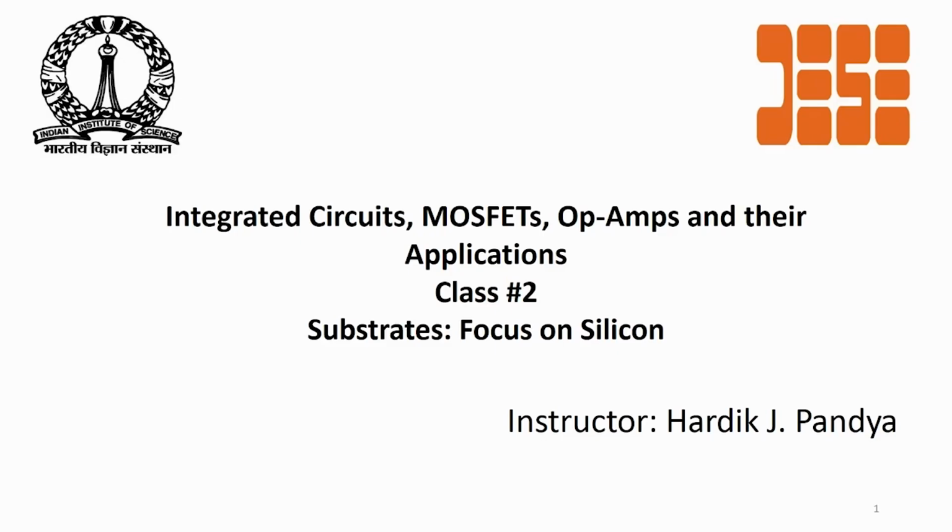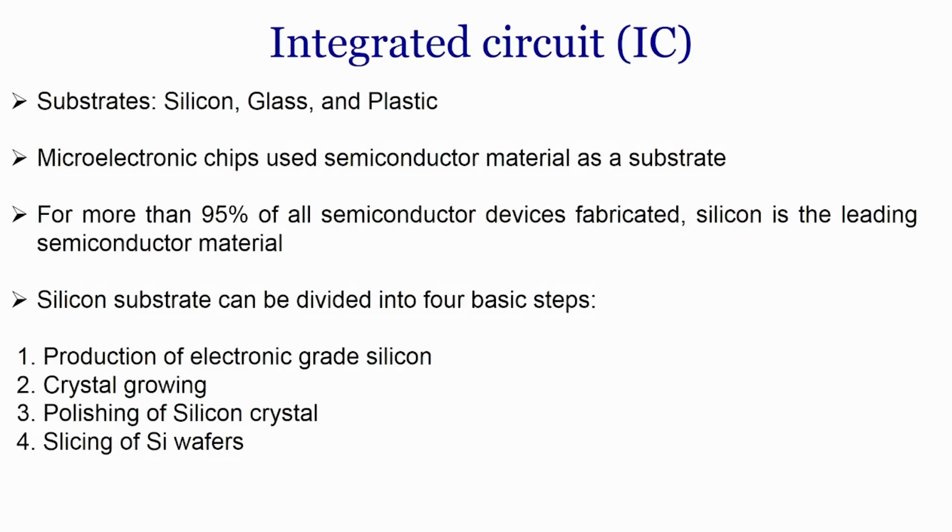So, if we go back to the screen, you will see that we are understanding today what the substrates are, and we will focus more on silicon. The first slide shows that generally we come across three kinds of substrates: silicon, glass and plastic.